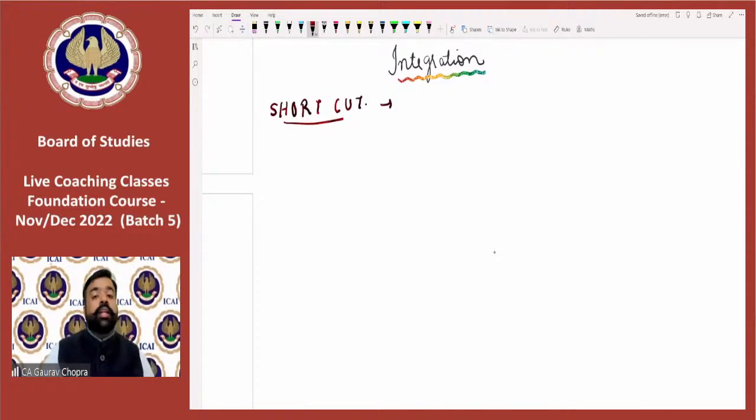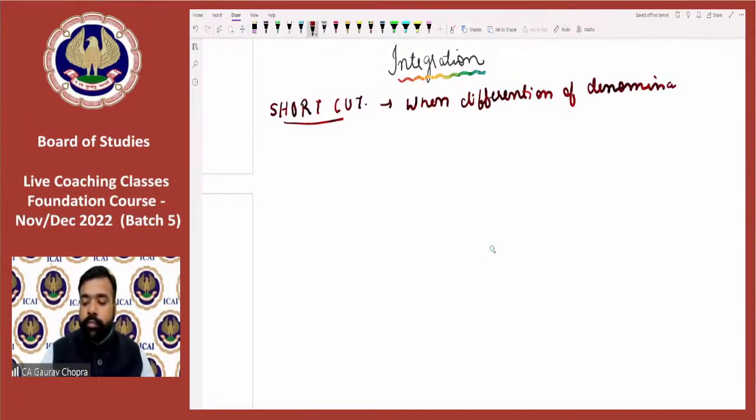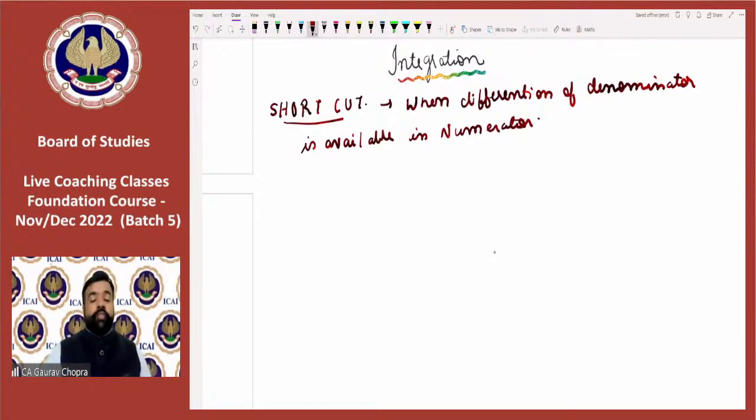Now when this shortcut is applicable, we have to see that also. So first we can write: when differentiation of denominator is available in numerator, then we can apply one formula.